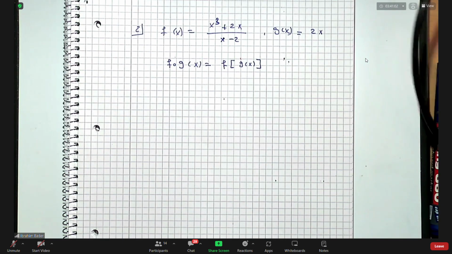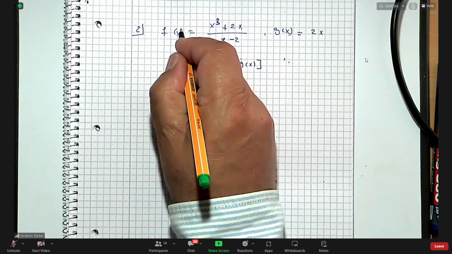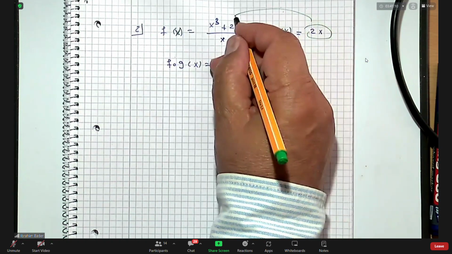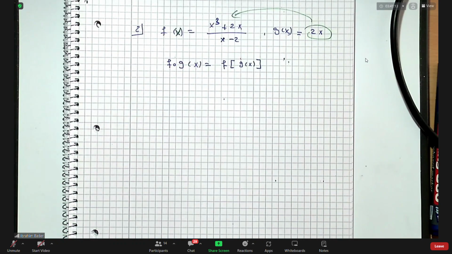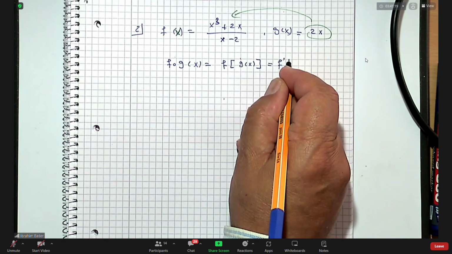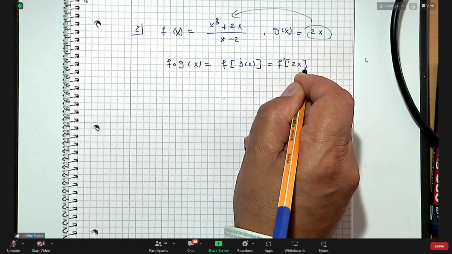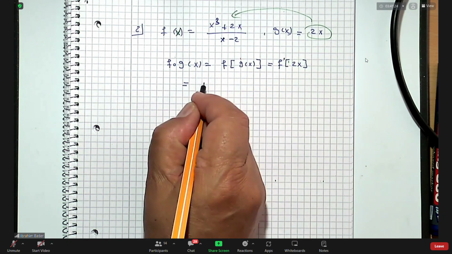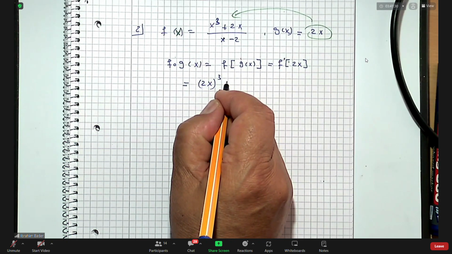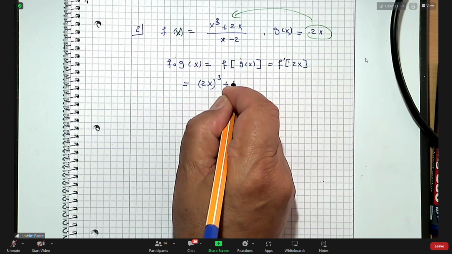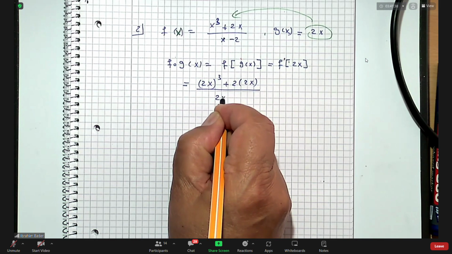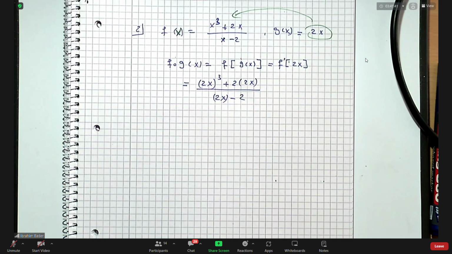That means instead of x in f, you need to replace it by g of x, which is 2x. Then we have 2x cubed plus 2 times 2x over 2x minus 2. Wherever you have x, you just plug in g of x.